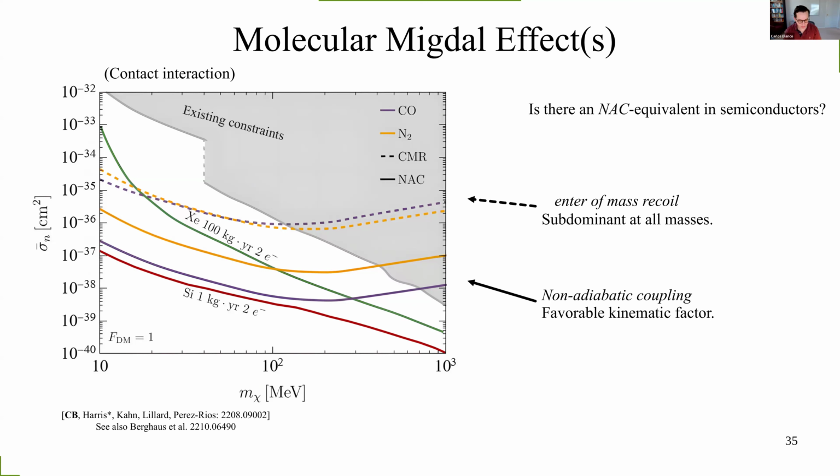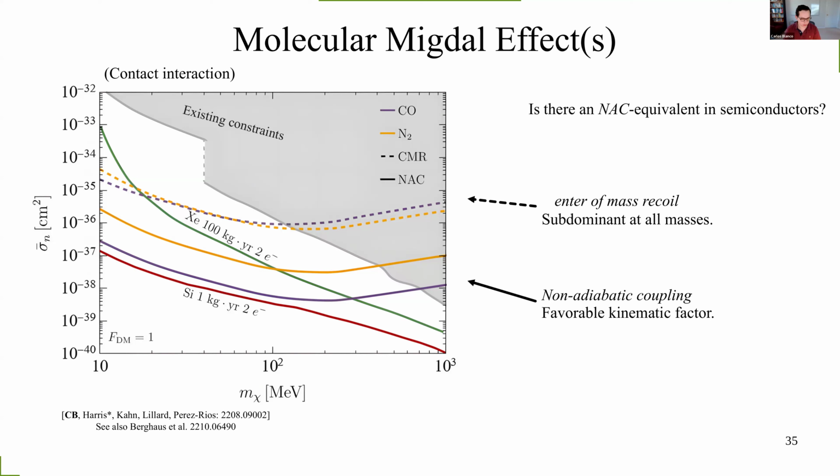And so one of the big questions in the community until last week was, what kind of Migdal effect is this that we've been calculating for silicon? It turns out it is a non-adiabatic effect.